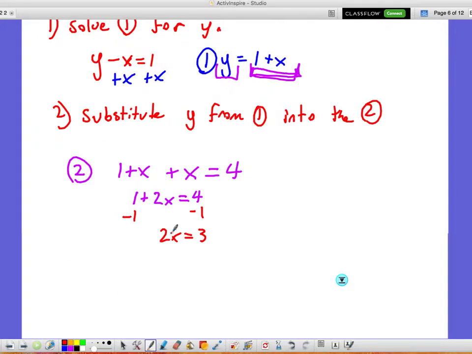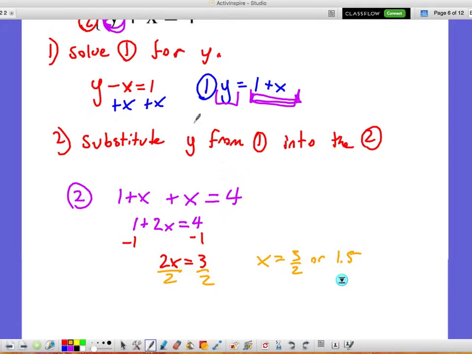Okay, we go ahead and divide by 2, and here we have x is equal to 3 over 2, or 1.5. Okay, so we found out what x is equal to. We solved the first equation for y, and then we substituted y from the first equation into the second equation, and we get this answer.